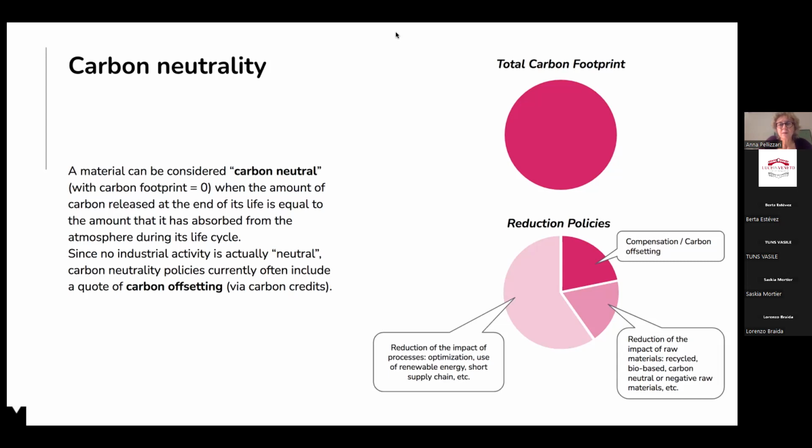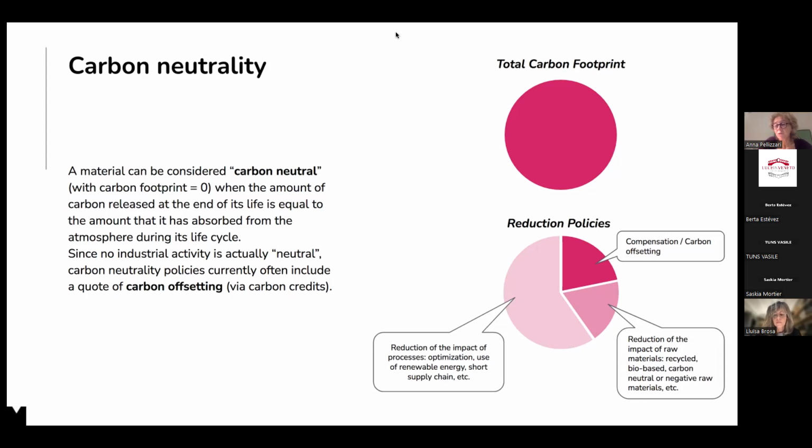Most of the materials that claim to be carbon neutral apply some compensation, some carbon offsetting strategies. Typically, the reduction policies to achieve carbon neutrality are: one, the reduction of the impact of processes, so the optimization, the use of renewable energy, a shorter supply chain.